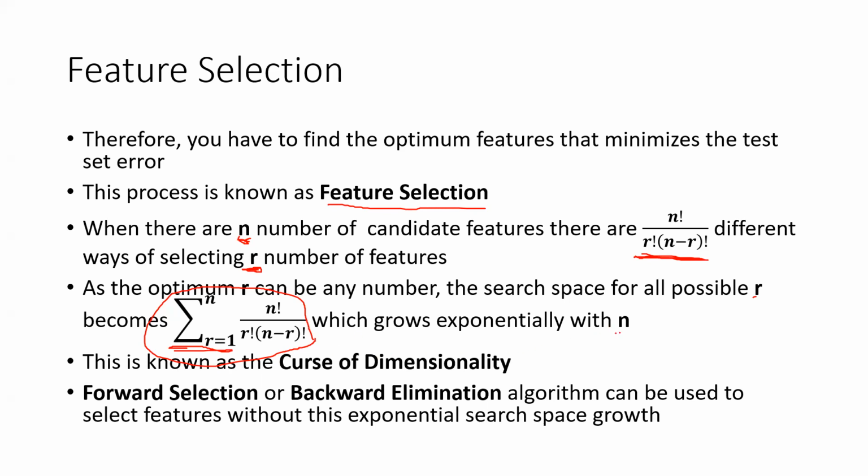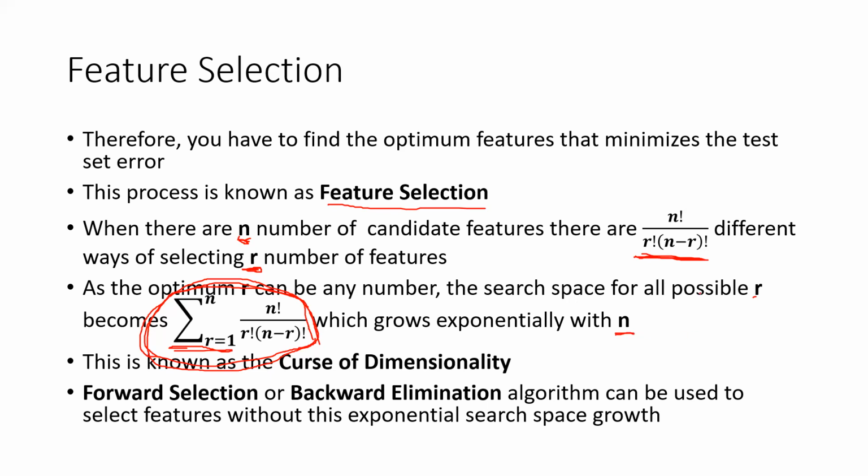That means when n grows, this term grows exponentially. When the number of candidate features increases, the number of tests that you have to do increases according to this formula. So this is very expensive. When you increase the number of features, it is also known as the dimensionality of the model, right?